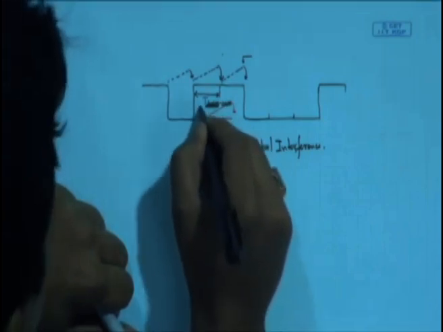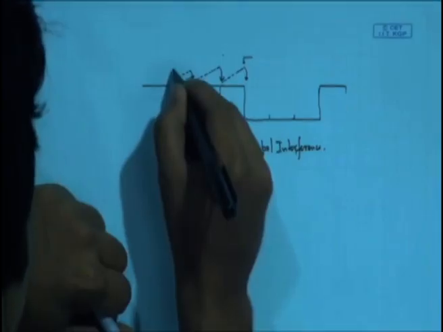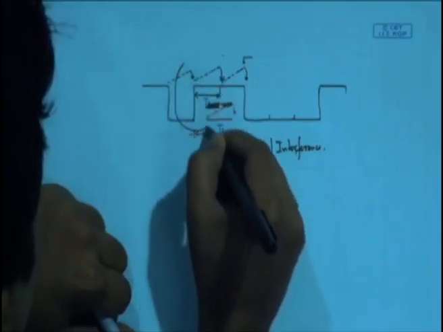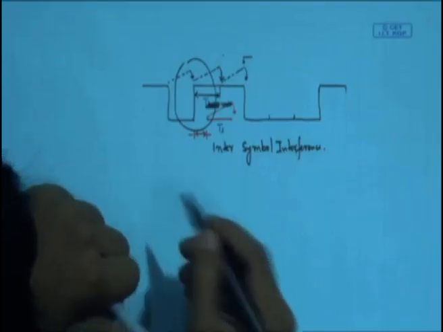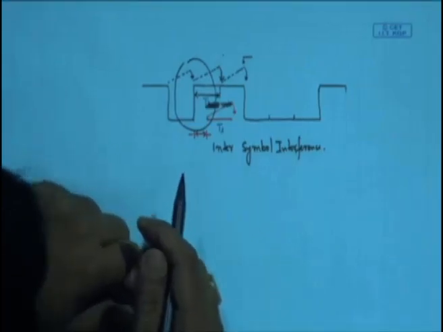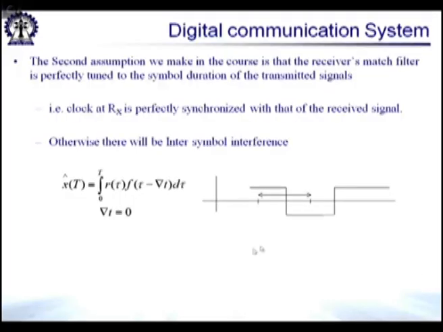If the first symbol and second symbol are out of phase, for instance, in this particular example, the result of the integration would be 0 and we will not be able to recover the signal. So, the second important assumption that we make is that the receiver is perfectly synchronized with the symbol durations of the received signals.